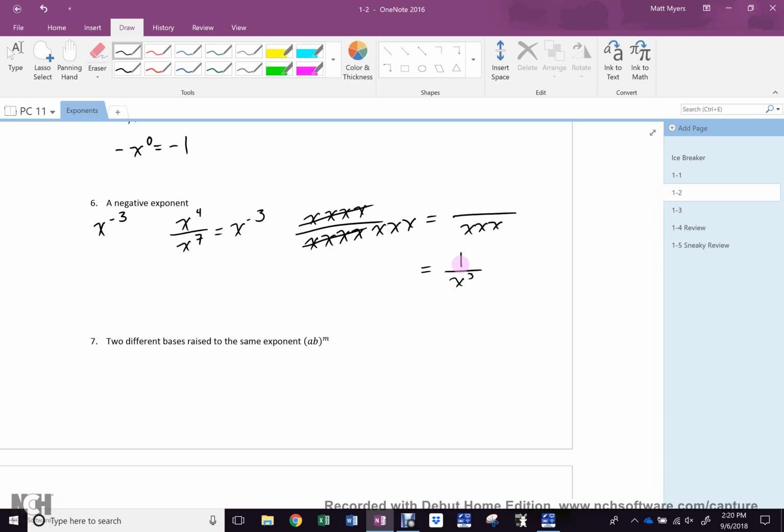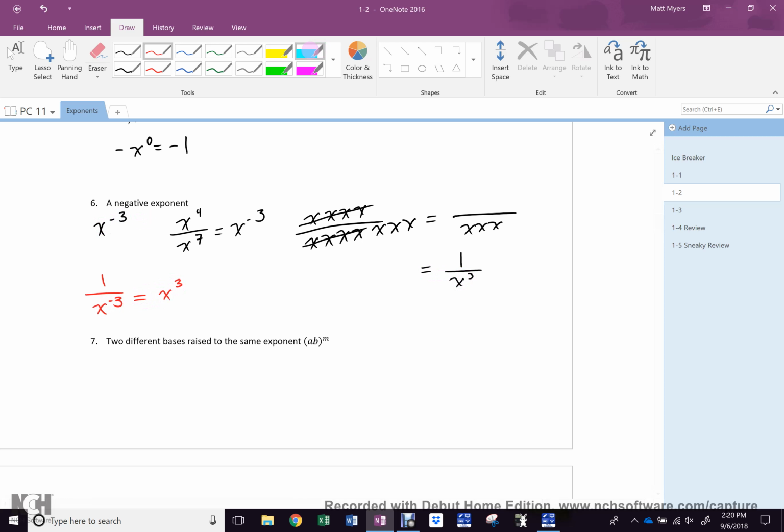This causes much grief. Because if I were to write this, 1 over x to the negative 3, what's that? The x to the negative 3 had to go to the denominator. What's going to happen here? It goes back to the numerator because it makes sense.